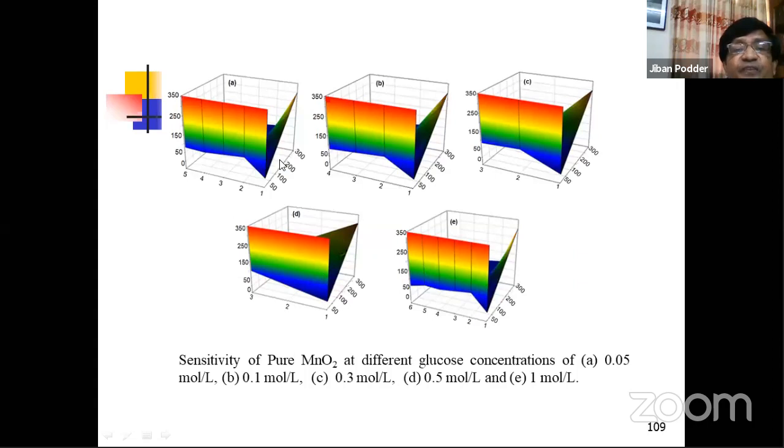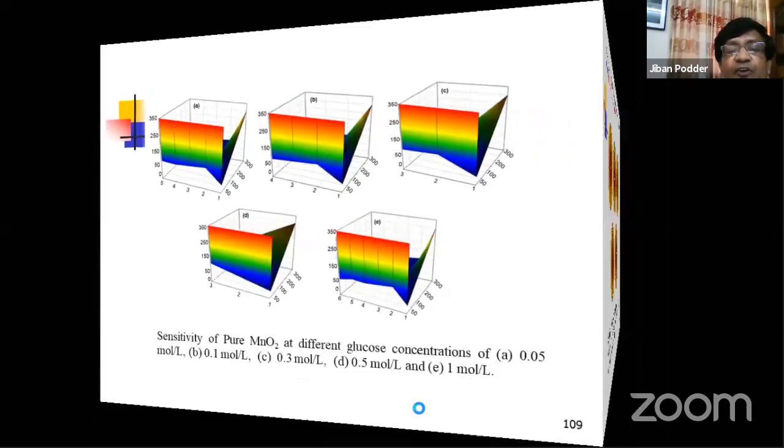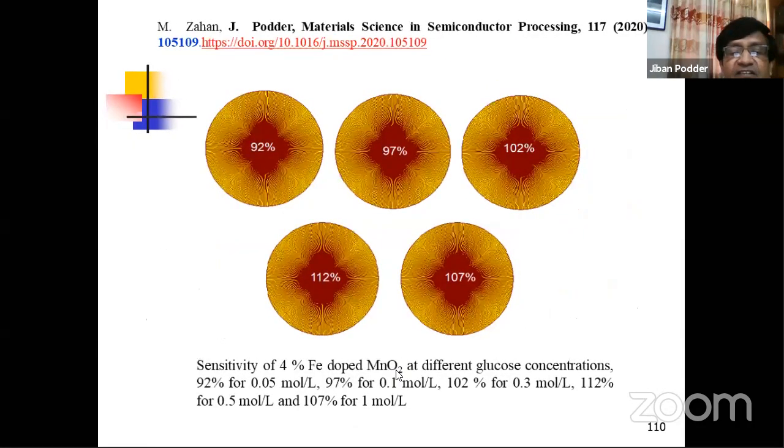In these images A, B, C, D, E, the glucose concentration increases: 0.05, 0.1, 0.3, 0.5, 0.4. But the 4% doped manganese oxide gives a better response to the glucose.